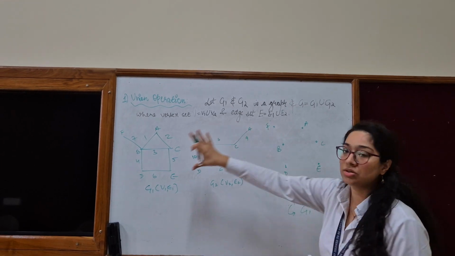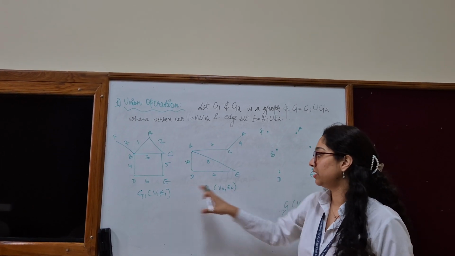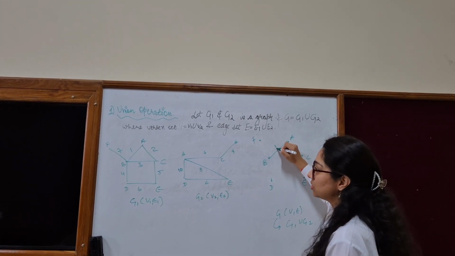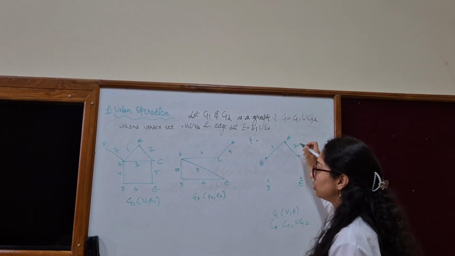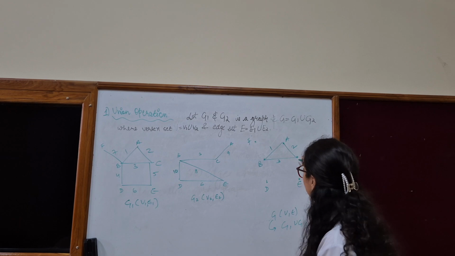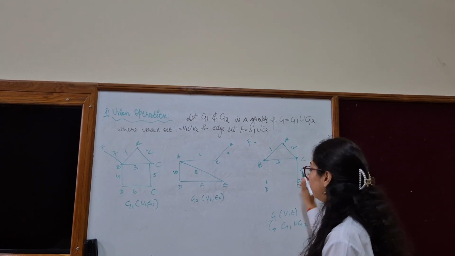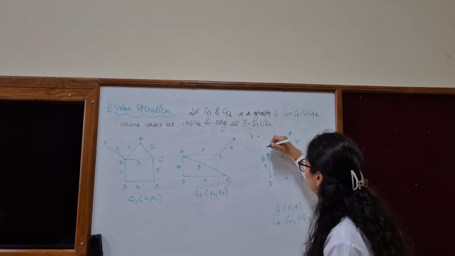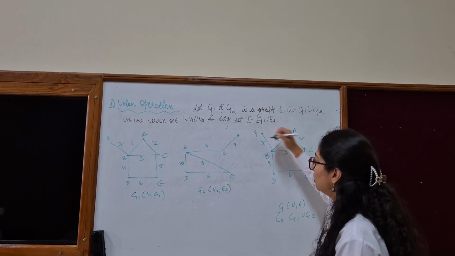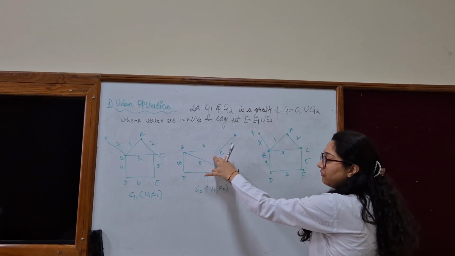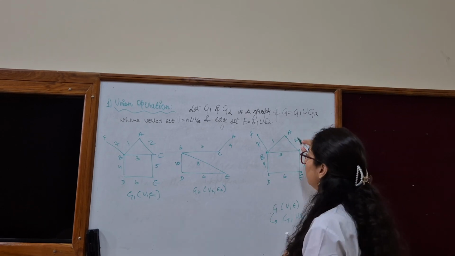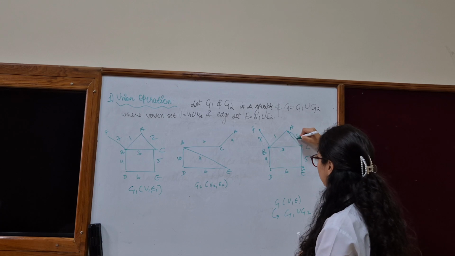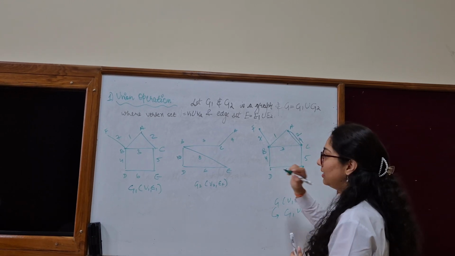We will match all the edges that are in G1 and G2 onto this graph. We will first join the edges: AB, which is 1, AC is 2, BC is 3, CE is 5, DE is 6, BD is 4 and BF is 7. Now we match all the edges in the other graph onto this one. AC here is 9. There is already an edge on AC, so we draw another edge like this, which has weight 9.